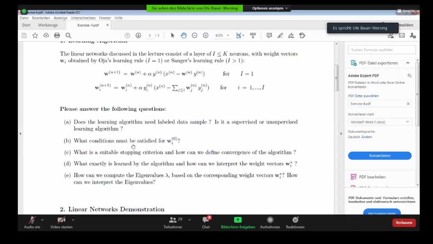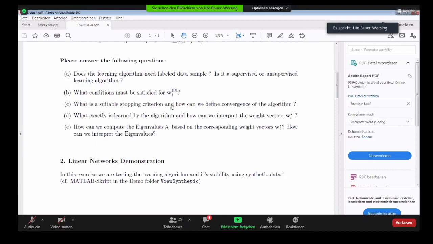So we know from the derivation of this learning rule that we have to be quite careful about having a stable learning algorithm. So what we should do is start with weight vectors that are initialized so that their length is 1. It's easy to get this because you just have to normalize the individual weight vectors by the norm of the weight vector.